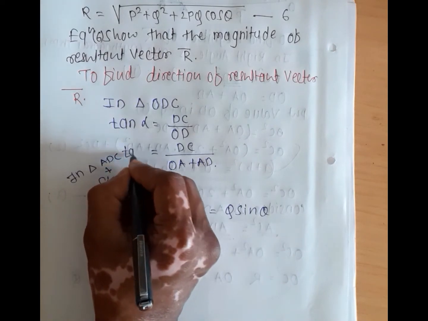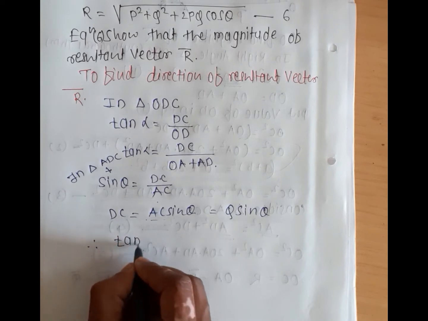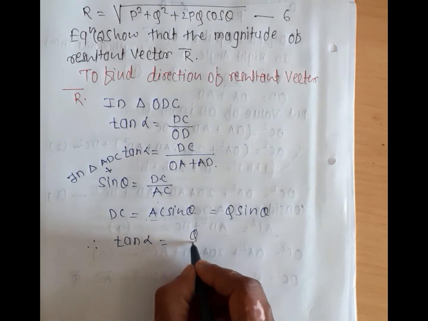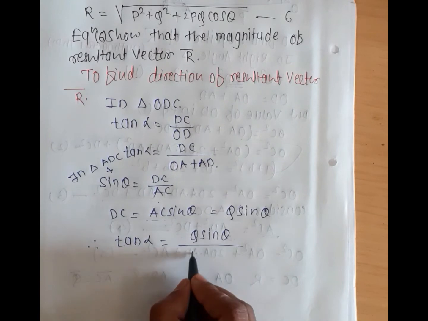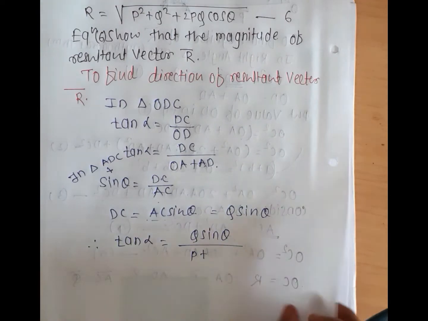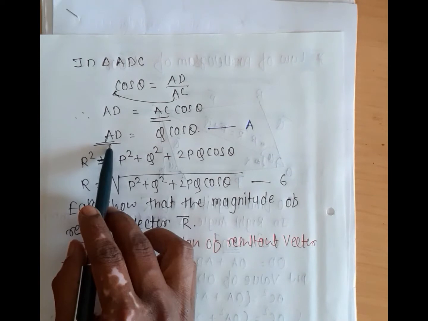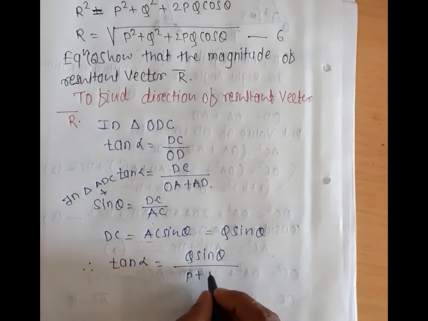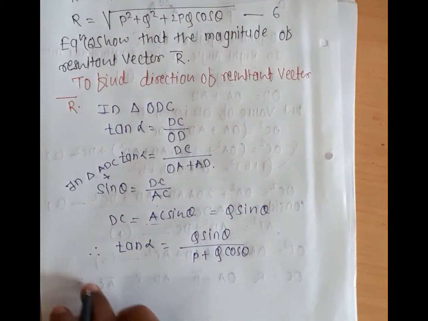Then tan alpha is equal to DC, which is Q sin theta, upon OA plus AD. OA is P according to our diagram, and AD is Q cos theta, which you already found. Now just put this value here.